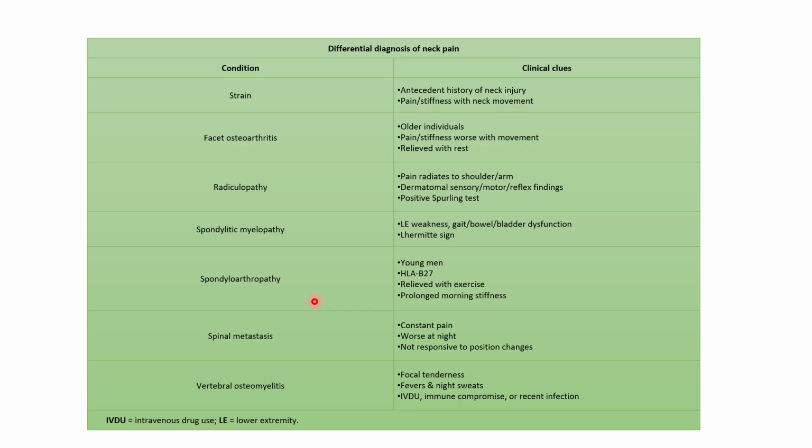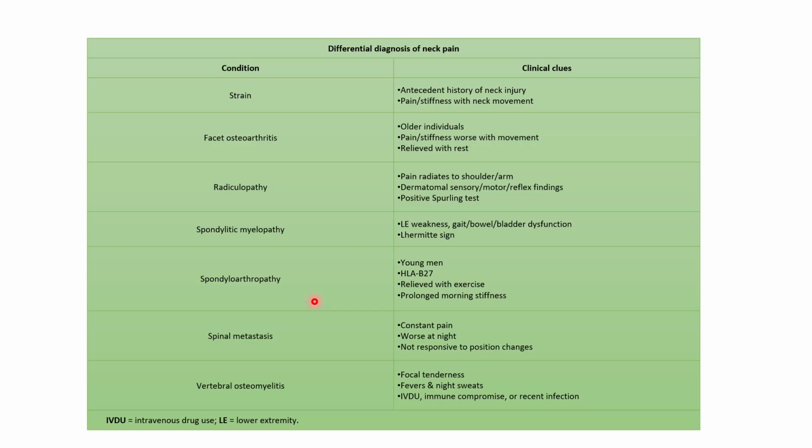In the Spurling test, there is rotation, lateral flexion, and lateral rotation. These three things should be done in the Spurling test. If there is a positive Spurling, then you have to think about radiculopathy.